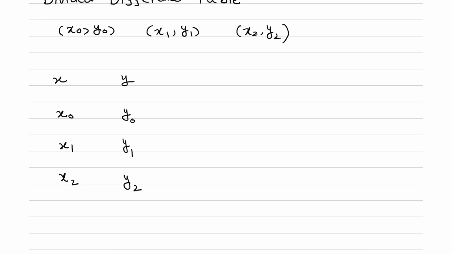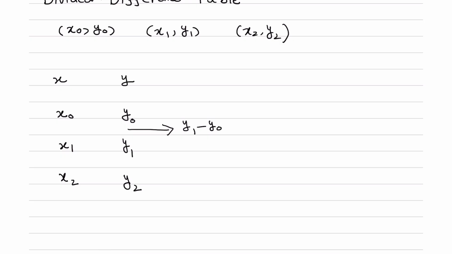Now, to construct the divided difference table, we will put an arrow between these two y values. So whenever there is an arrow between these two y values, mathematically what you have to do is calculate the difference, always second value minus first.